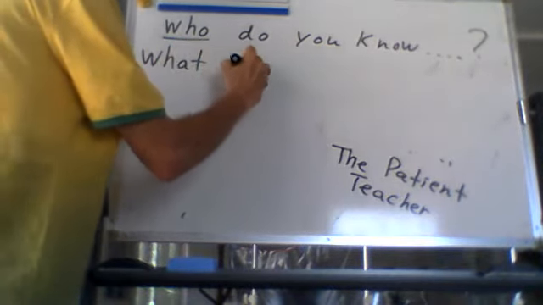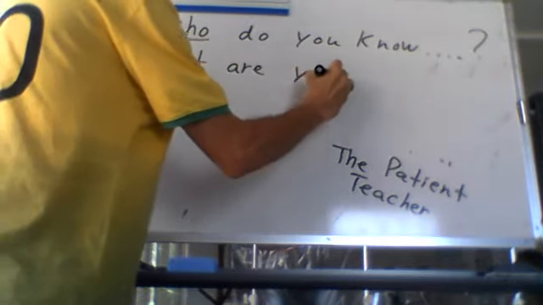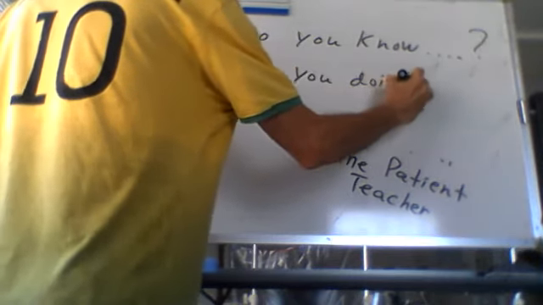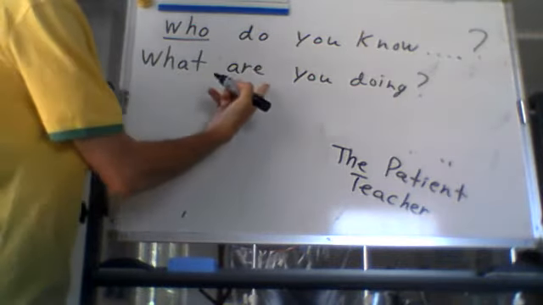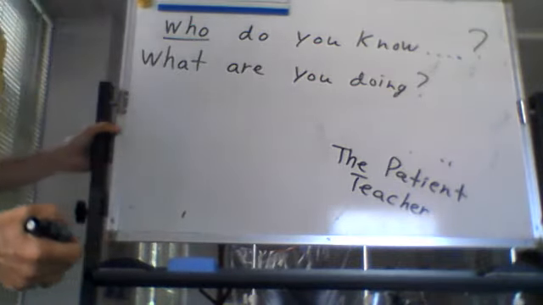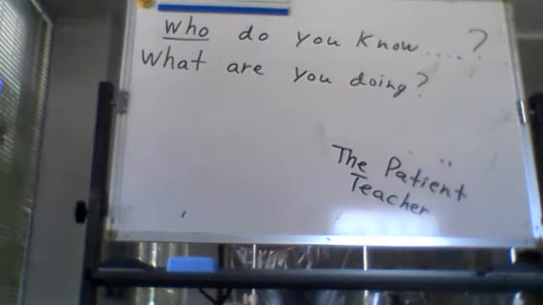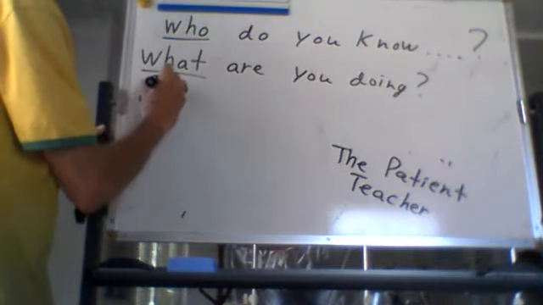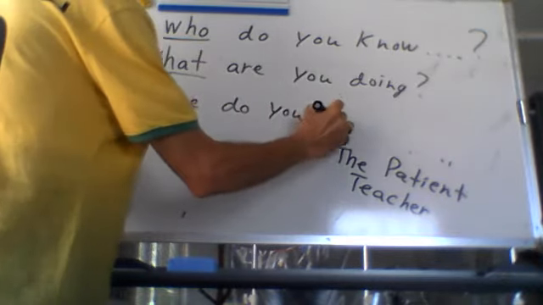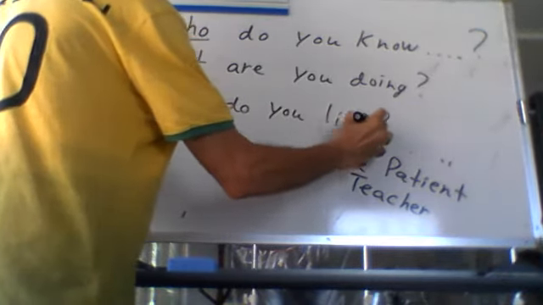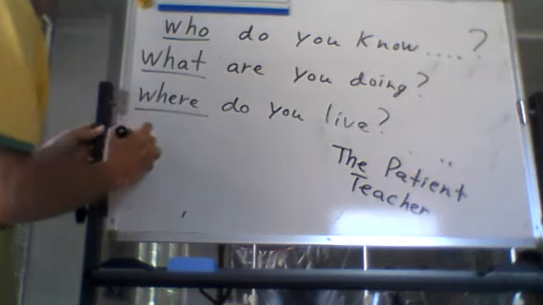What are you doing? Or the question we ask most often, what do you do? Right? Your job, your profession. What do you do? Where do you live? Where do you live?